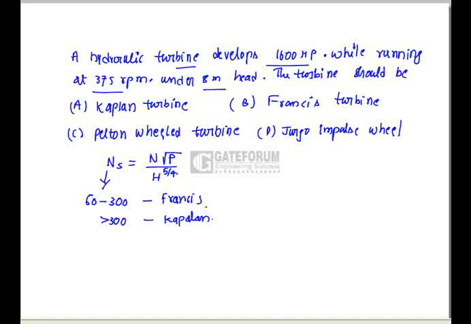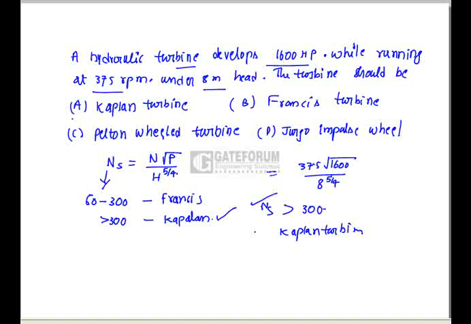So we calculate the specific speed, that is equal to 375 times root of 600 divided by 8 to the power 5 by 4, which implies greater than 300. So it is going to be Kaplan. Ns is greater than 300, it is a Kaplan turbine. So option A is correct.